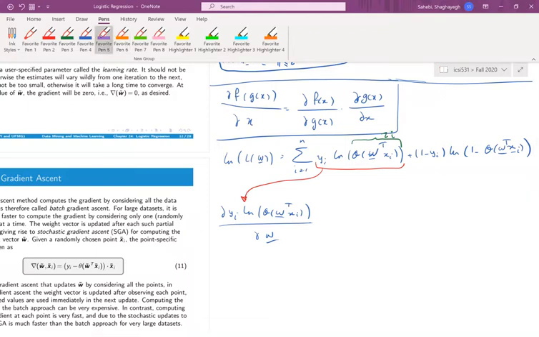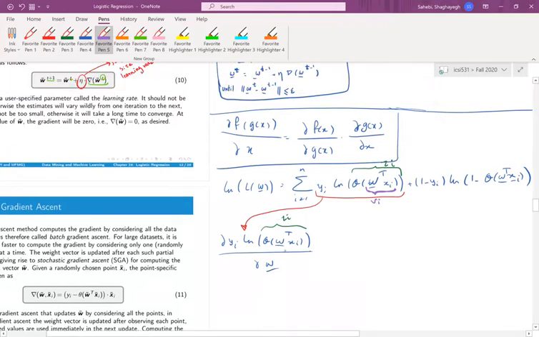And then suppose that the W transpose xi itself, we call it Vi. Okay, just to make things easier. So here we have Zi, here we have Vi.